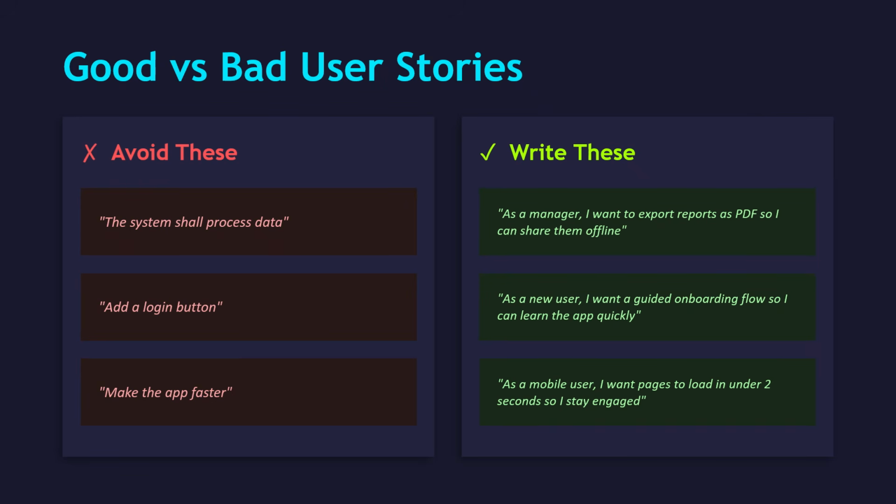On the right, each one states who, what, and why. They are specific, testable, and deliver clear value. Notice how they naturally suggest acceptance criteria. Under 2 seconds, that's something QA can actually test.